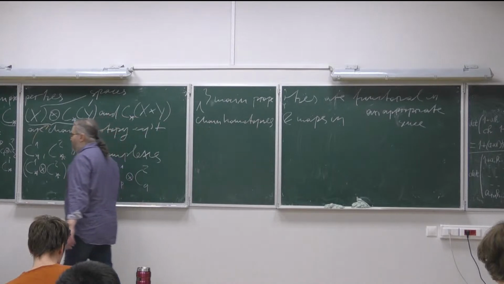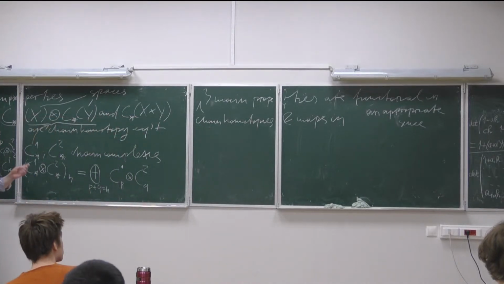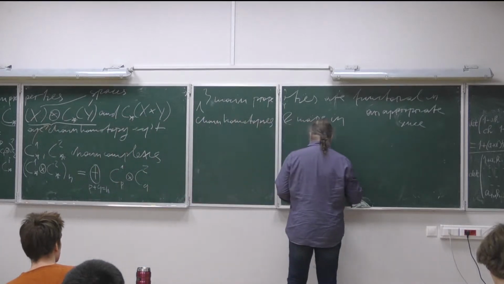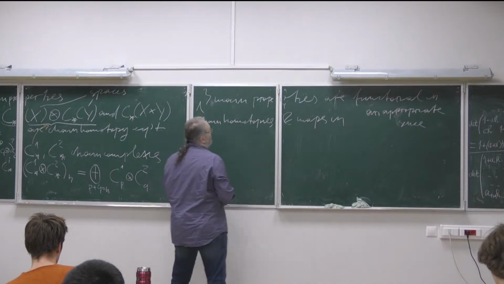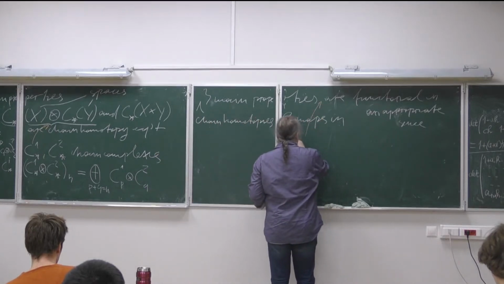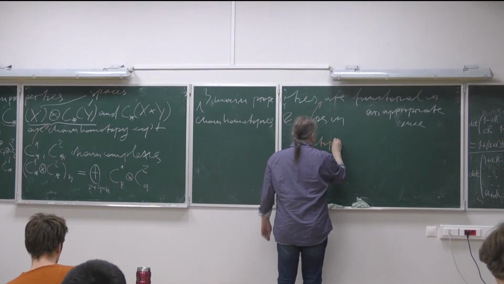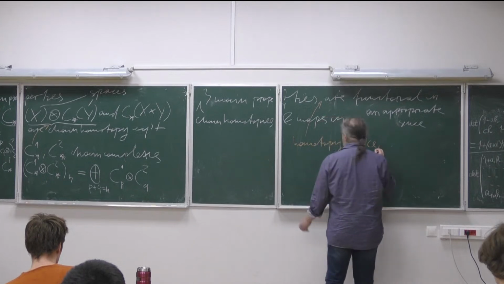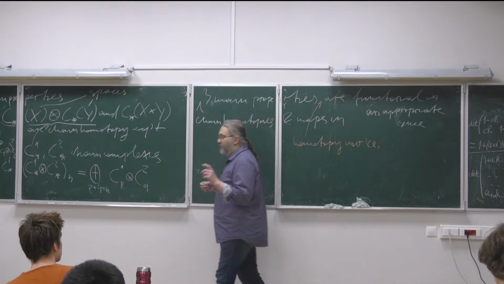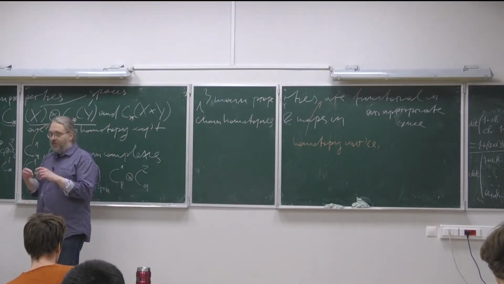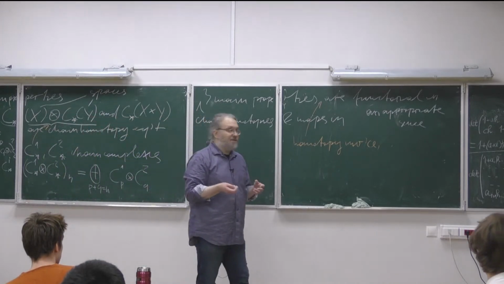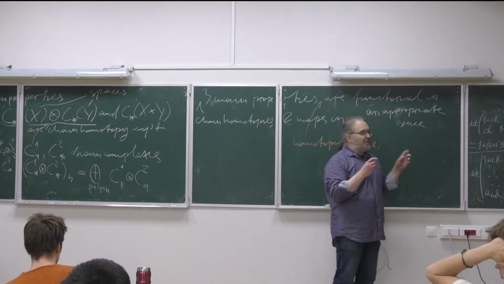All chain maps and chain homotopies in the three main properties, which are: the first property, let's recall it, said that homotopic maps induce chain homotopic maps of the singular chain complexes.